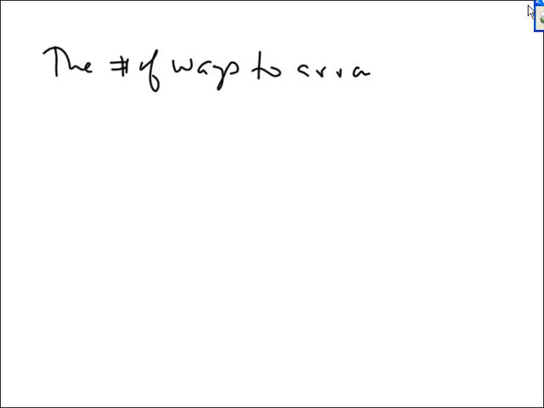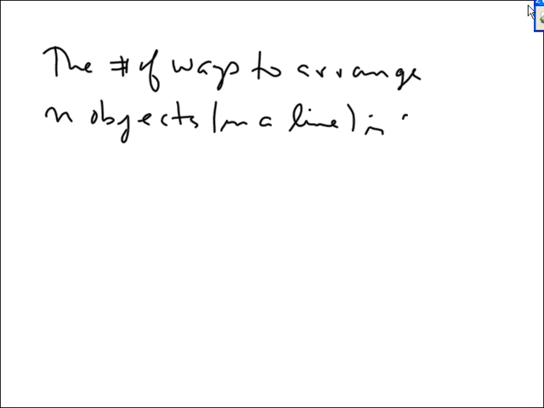Now let's do a counting problem. The number of ways to arrange n objects in a line is n factorial.